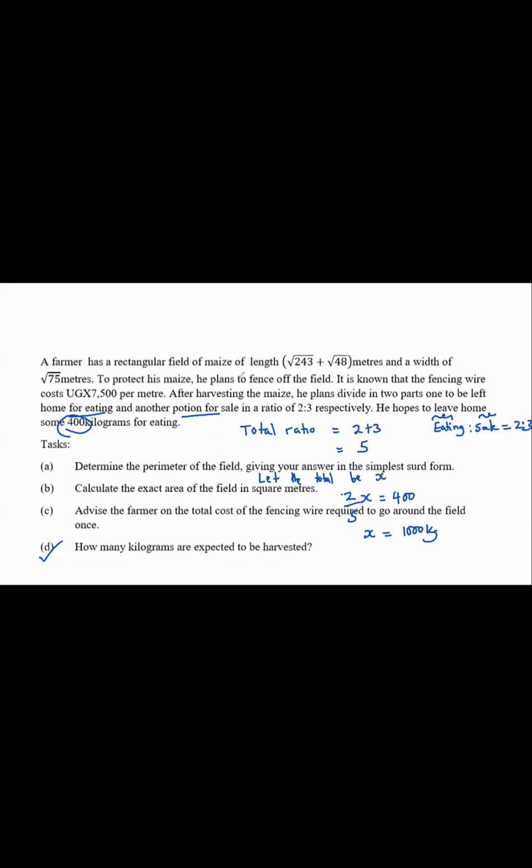So I think 1000 is the answer. We conclude like this: 1000 kilograms are expected to be harvested at the end of the season.